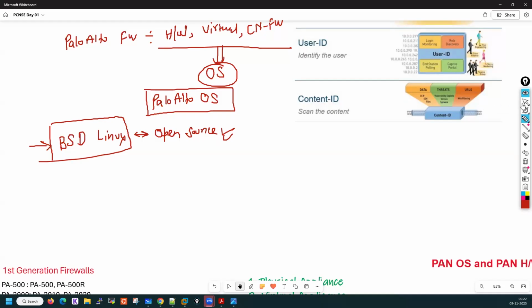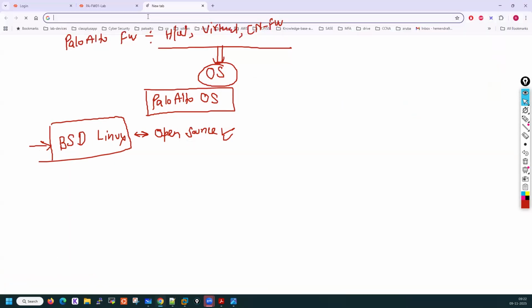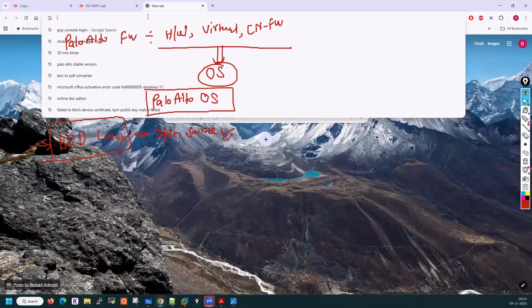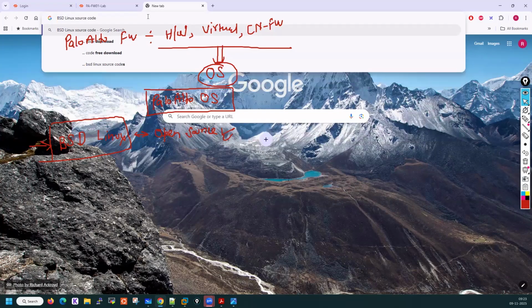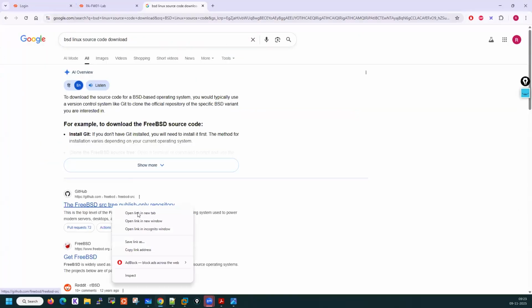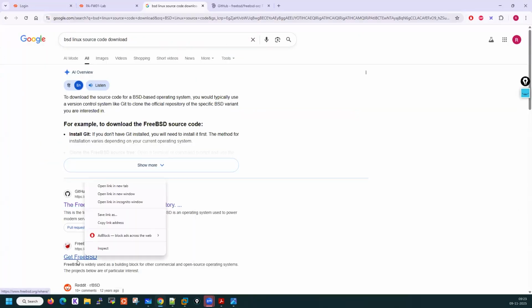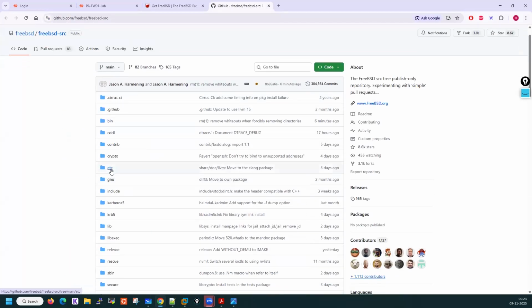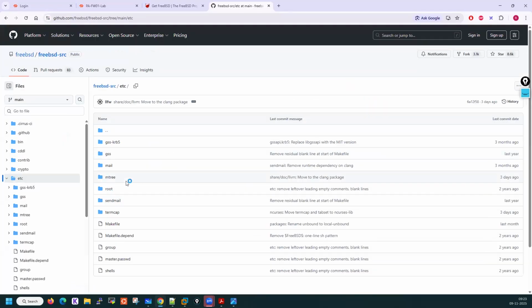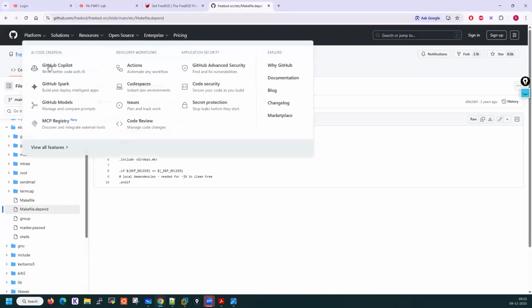Even if you search on Google, let me show you here. If you search in Google for BSD Linux source code download, then you will get the BSD Linux source code. See, all the files, the entire source code, is available free.